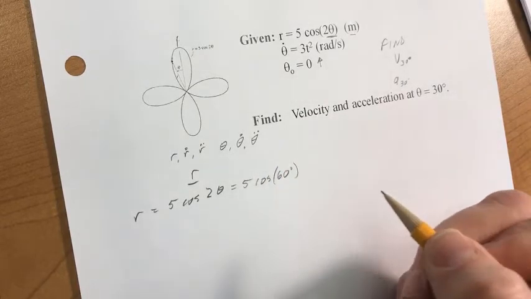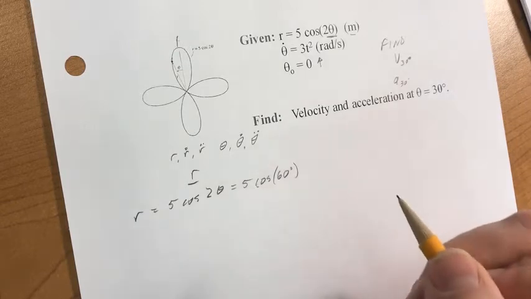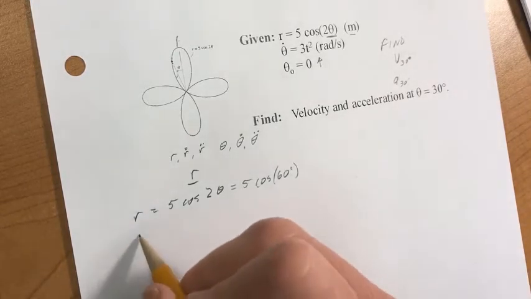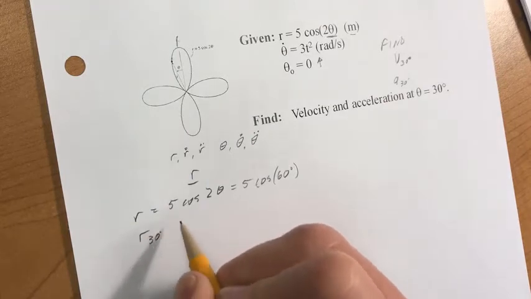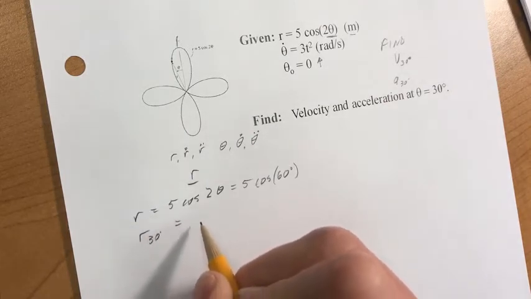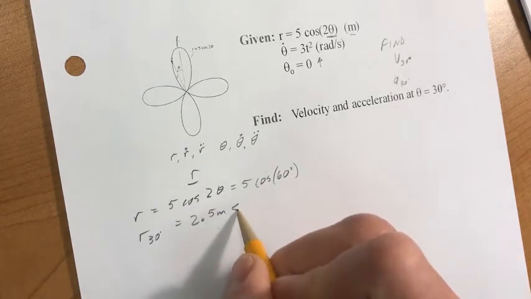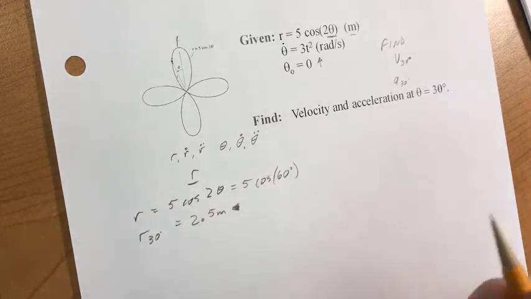We can use degrees here. We're going to take the cosine or sine of those anyway, so that'll become a decimal. So r at 30 degrees equals 2.5 meters. Okay, got one already. Easy so far.